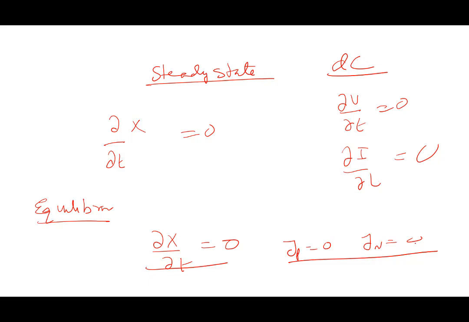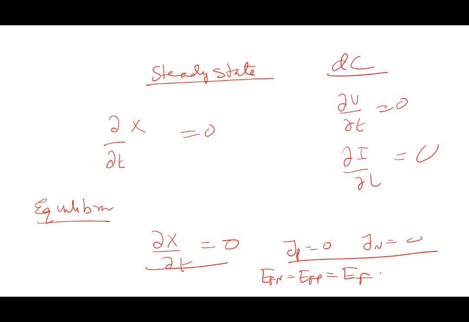No net hole current, no net electron current, no external excitation. You have EFN equal to EFP. One single EF characterizes the whole system. Basically, the electrons and holes are in equilibrium with each other.